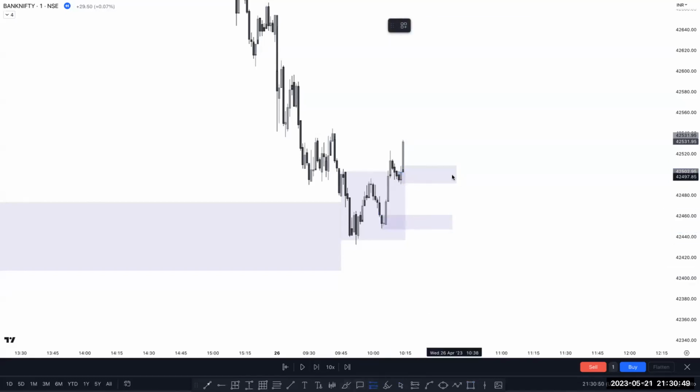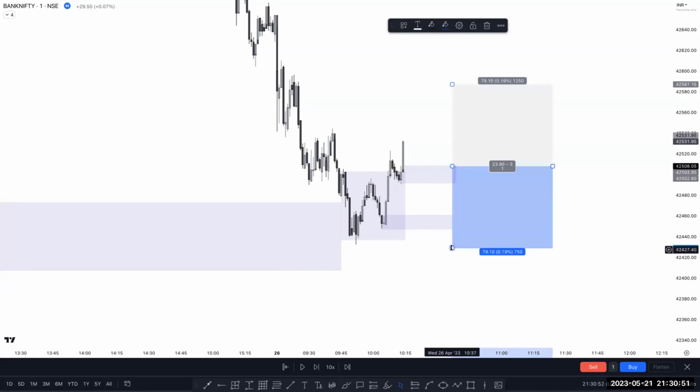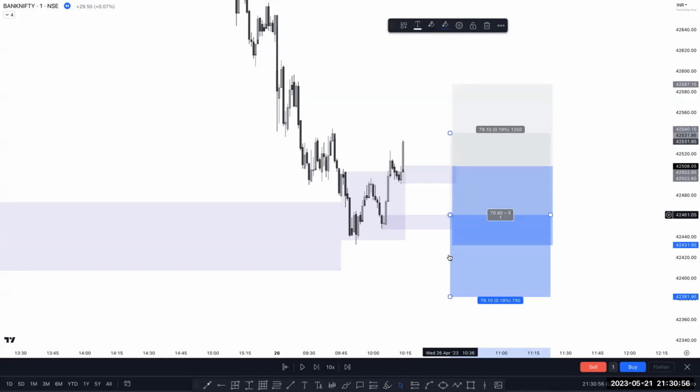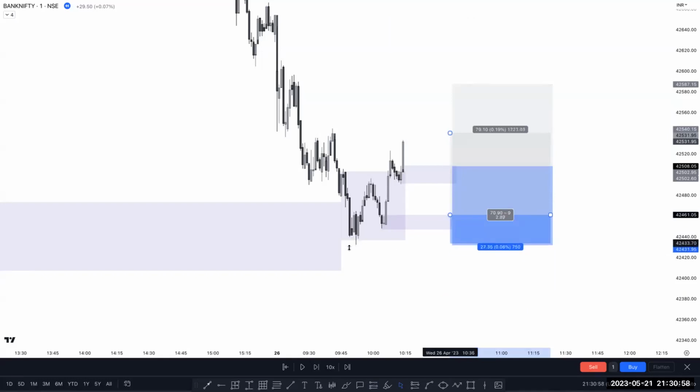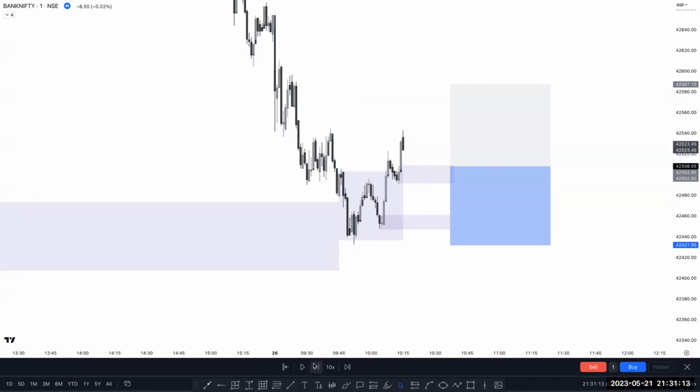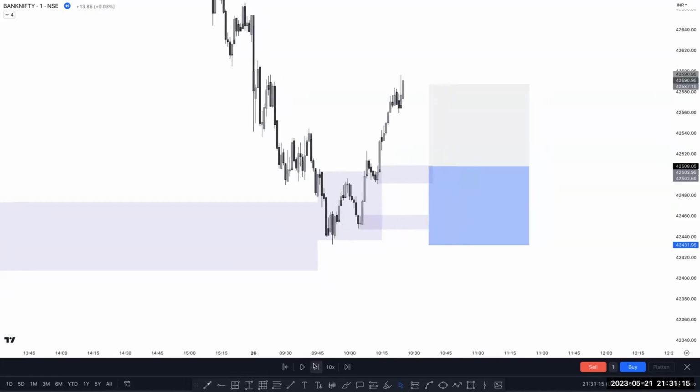If you wish to buy directly, then you can also buy here, put the stop loss just below it. But if price taps here and creates a 1 minute single candle order block, which will give you additional confirmation before the buy, right? But let's see if price taps or not.